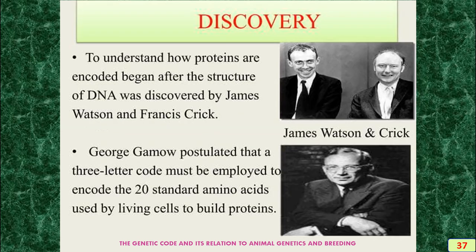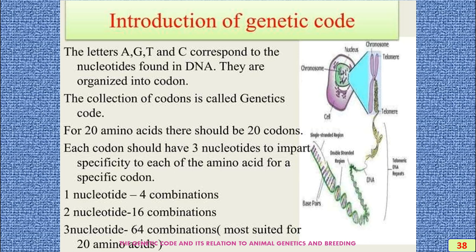The genetic code was discovered through the famous Watson and Crick model. Then Gamow also postulated that a three-letter code must be employed to encode the 20 standard amino acids, which are required by animals and also different types of mammals.